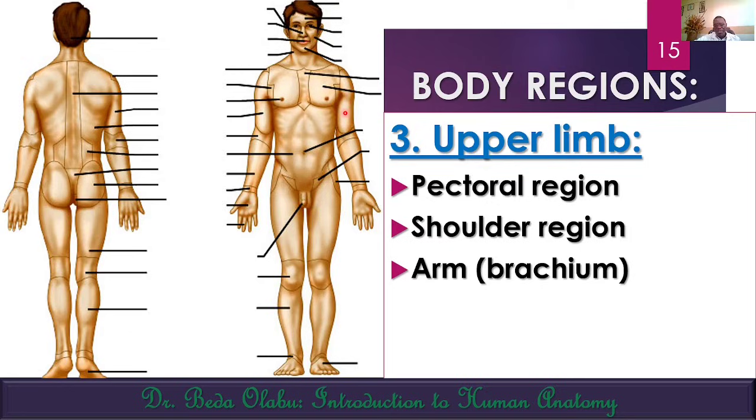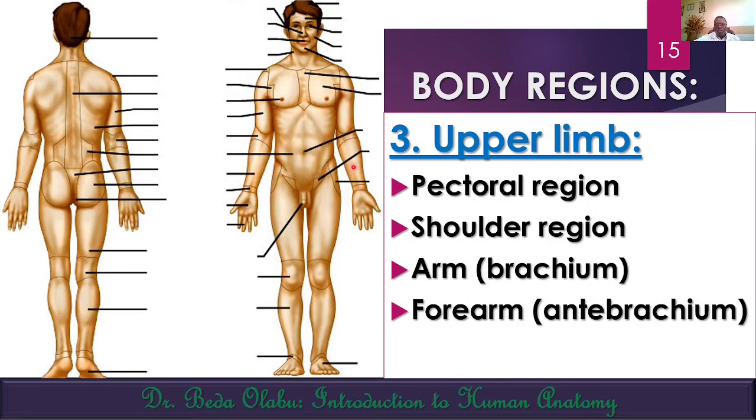The arm is also called the brachium. I also believe that you are aware that the joint here is called the wrist. This segment between the elbow joint and the wrist joint is what we call the forearm. You can call it antebrachium.